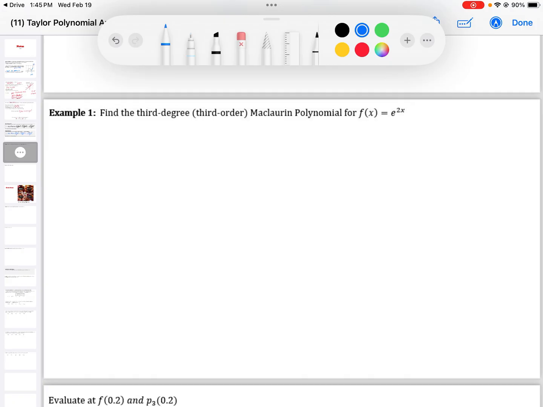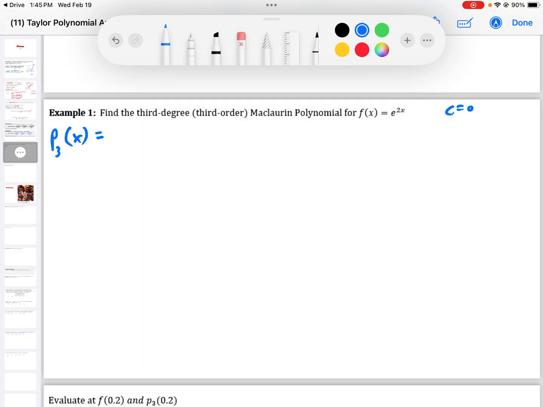So find the third degree, or third order, Maclaurin polynomial for f of x equal to e to the power of 2x. I know it's going to be centered around 0, so c is going to be 0.